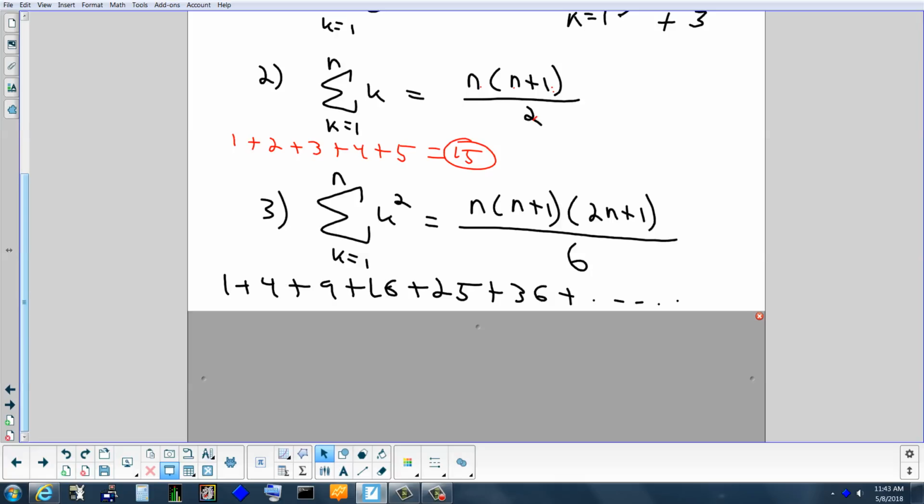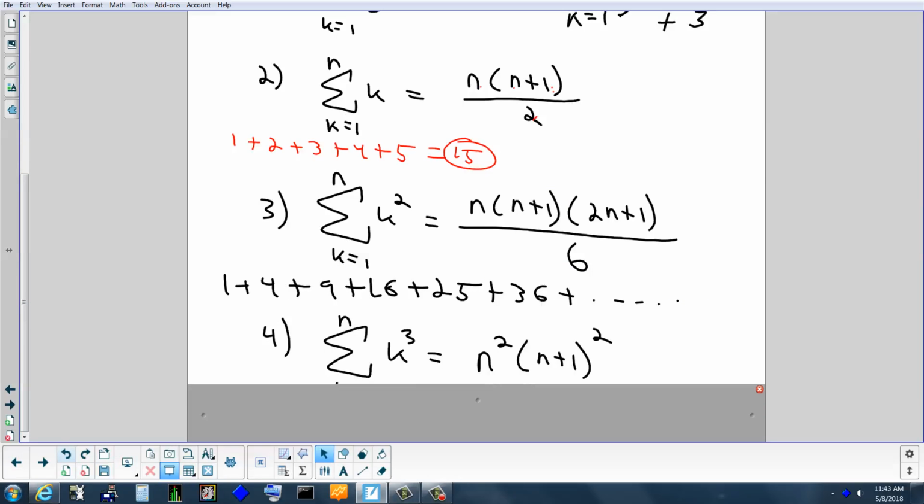So this is 1, 2, 3, 4, 5. I wrote out the first 6. So if you wanted to add up the first 6 perfect squares, you would add those numbers up on your calculator. Or just plug a 6 in for n in that formula. So you get 6 times 7 times 13 divided by 6. That's a lot easier calculation to do than adding up 6 numbers one at a time.